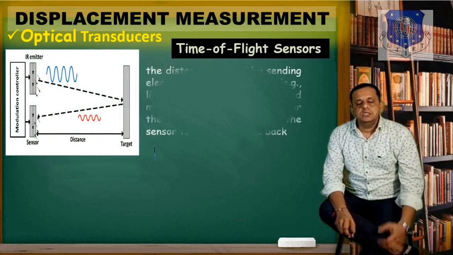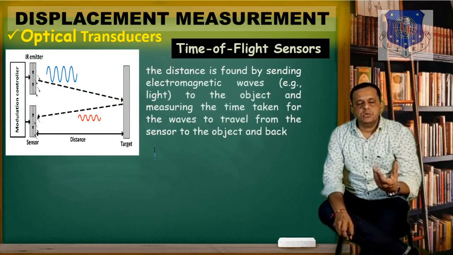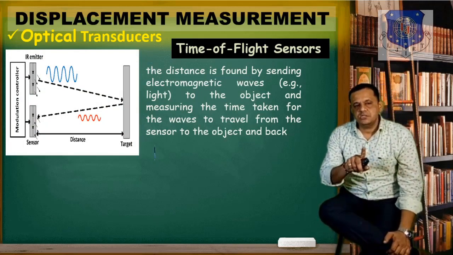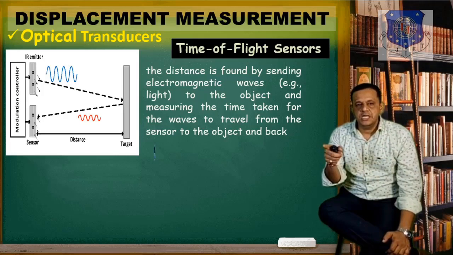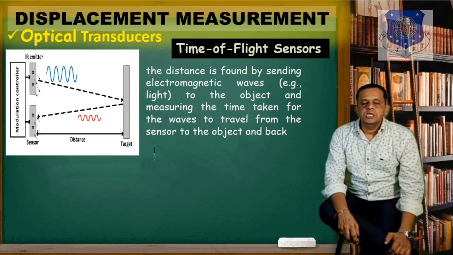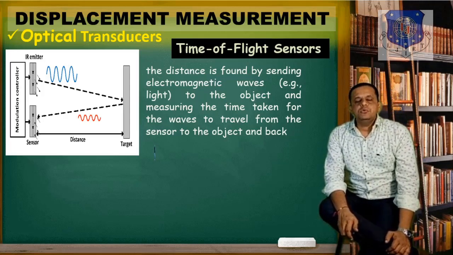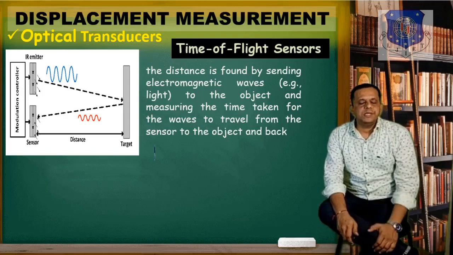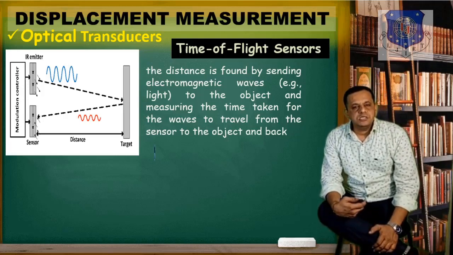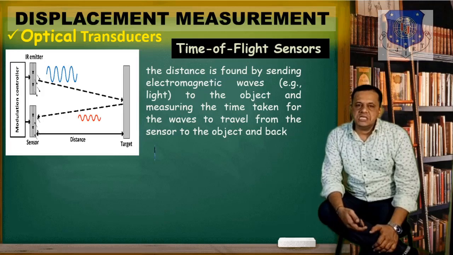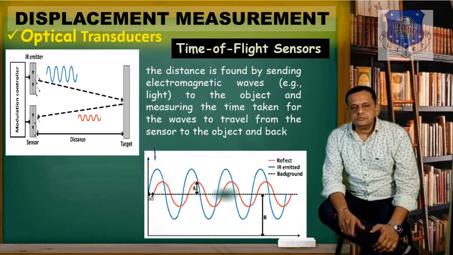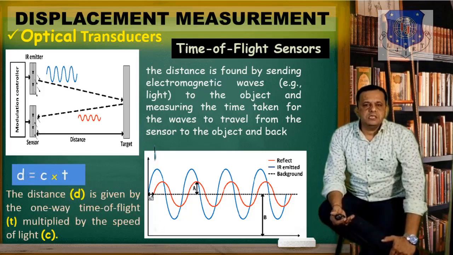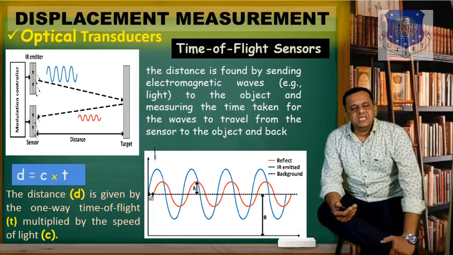Here, once again, the word tells us about the flight timing. So once again, an optical transducer is there. We will be sending some light rays and receiving them on a detector. Mostly we will be using an IR kind of light source, which is an electromagnetic wave sent over the object, as you see in the diagram, and the time taken for traveling by the wave will be calculated.